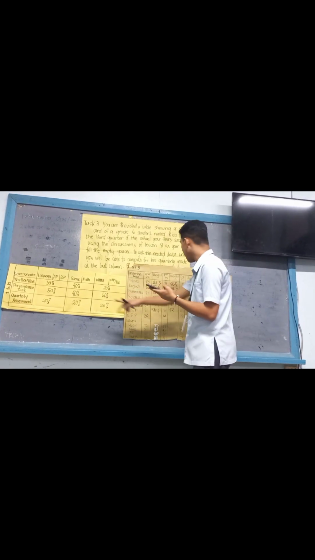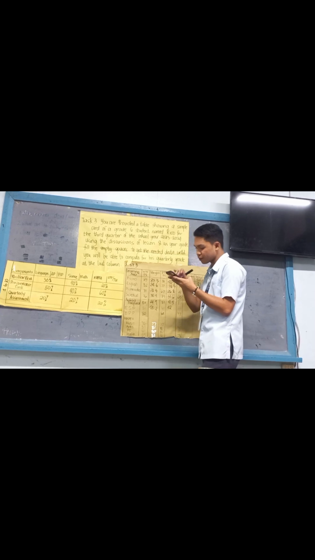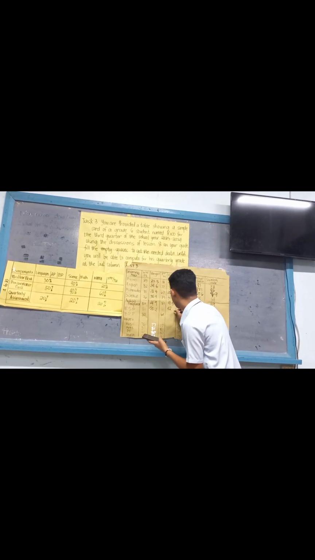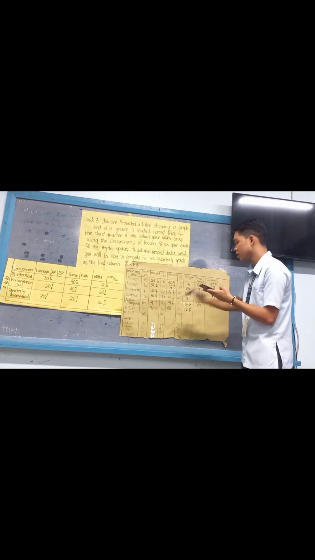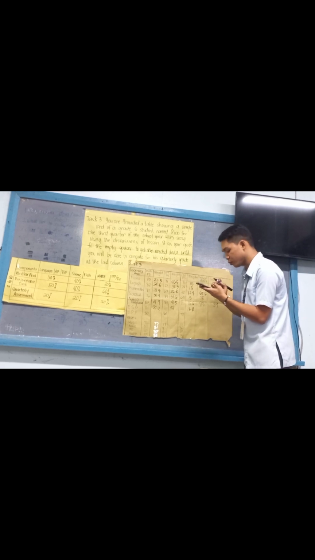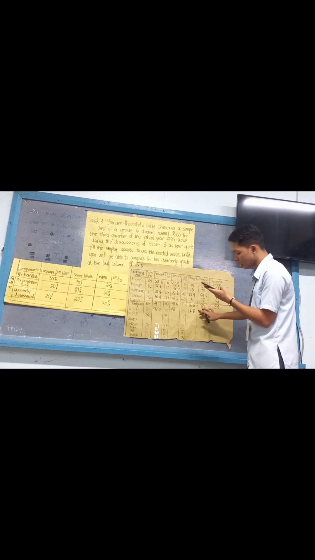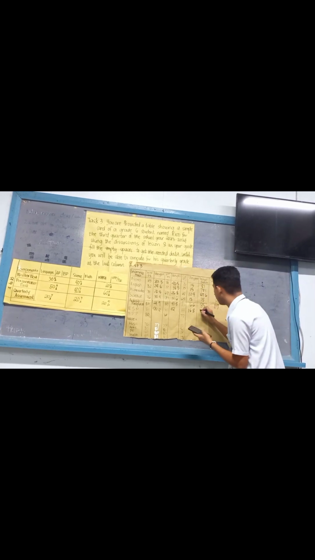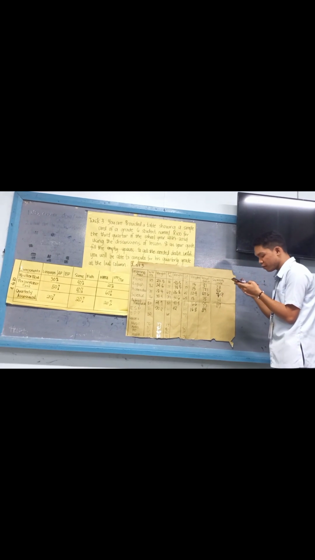In the quarterly assessment, 84 times 20% is equals to 16.8. So let's add all the weighted scores. So 25.2 plus 42 plus 16.8 is equals to 84. So let's transmute it. So 84 to 85 is 90.